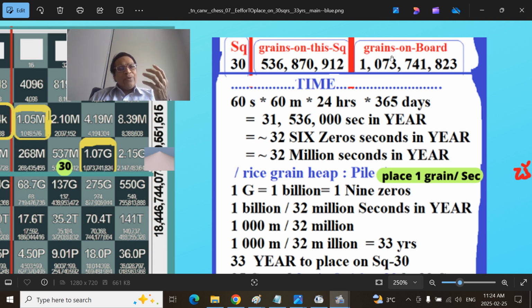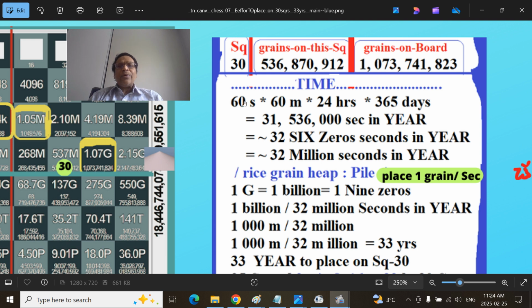You can look at it either way. That means on the 30th square you have 537 million grains. In the next square you have double it. That means 1 billion or 1 giga grain.